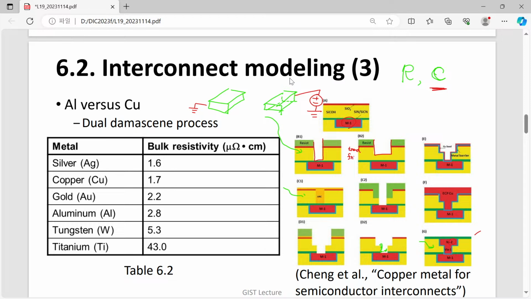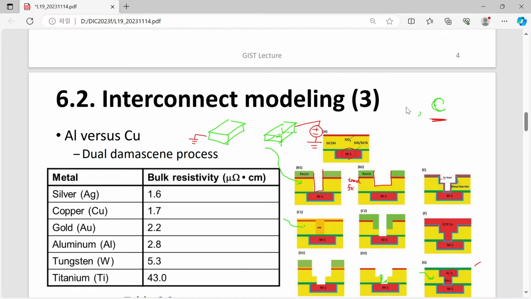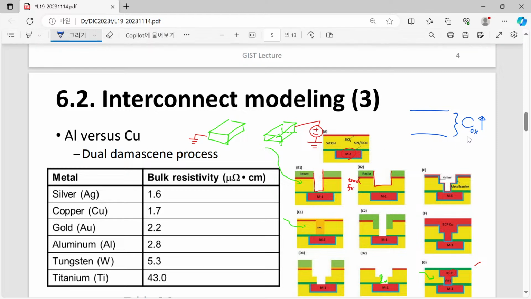This is somewhat different from the gate oxide. So do you remember? Previously when we had the MOS structure, we wanted to have a certain oxide layer and we wanted to increase the capacitance. There was a question by a student why we have to maximize this C-ox.